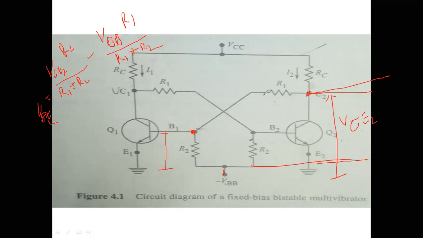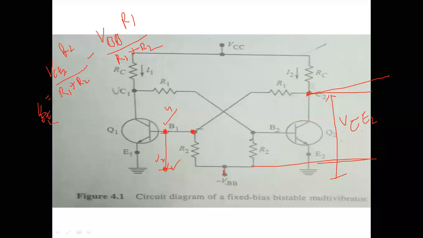Simply, I am making a voltage division rule: this voltage into R2 divided by the total resistance, and this point minus, because this VBE voltage is between this point and this point. Therefore, this potential minus this potential. Suppose here we have V1 and here we have V2. I want to know the potential between these two points, simply the potential difference V1 minus V2.